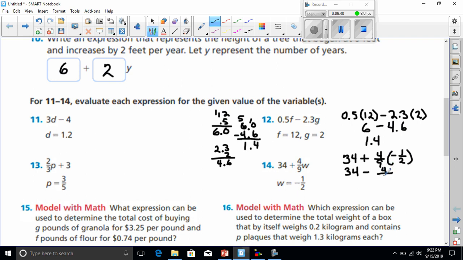And 9 times 2 is 18. Now, if I wanted to, I could have used my butterfly method and just went ahead and crossed this out, made a 1, crossed this out, made 2, and I would have got 2 over 9, which basically that's what this is going to be reduced to. So I'm going to erase this and turn it to 2 over 9.